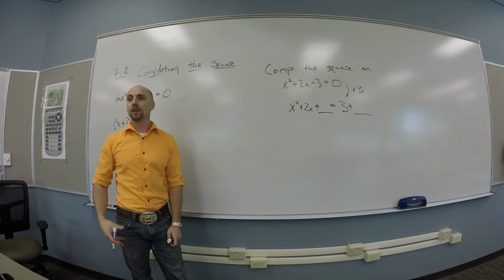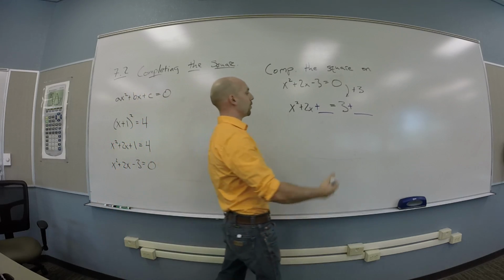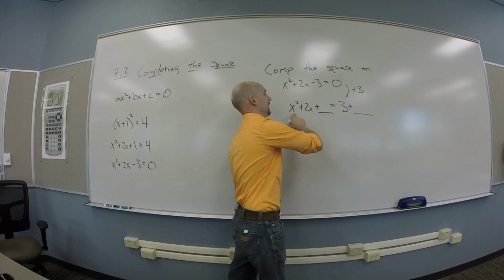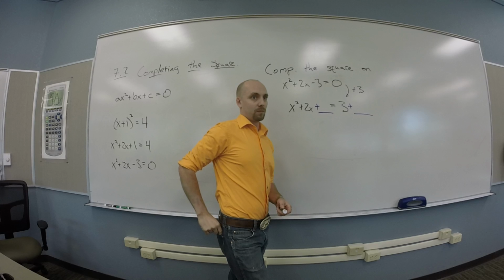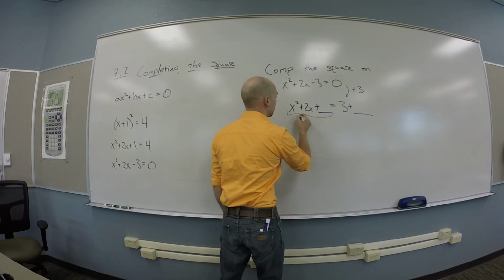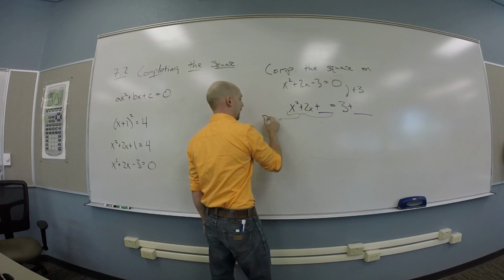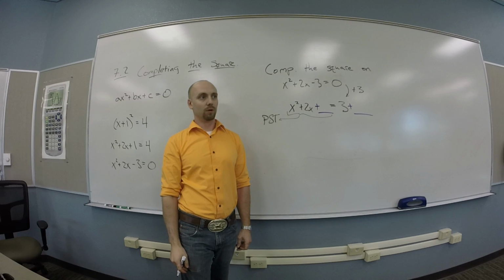The thing I'm going to fill it with is the term that I need to put there to make this thing into a PST. You guys see that? So I want to think about this whole guy here as a PST. Cool?